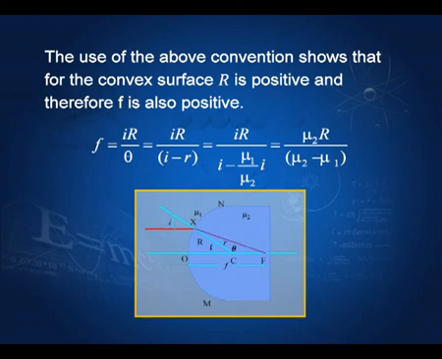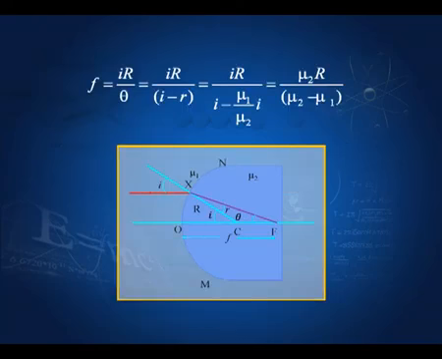So, convex surface r is positive, and therefore, f is also positive. So, f is i r by theta. So, it remains the same, mu 2 r by mu 2 minus mu 1. There is no change in the equation, because r and f have the same sign.